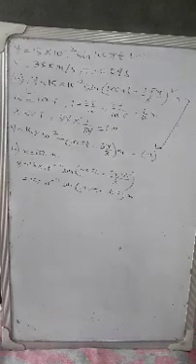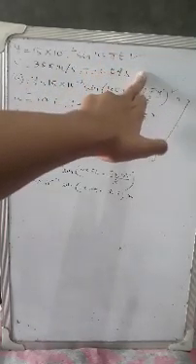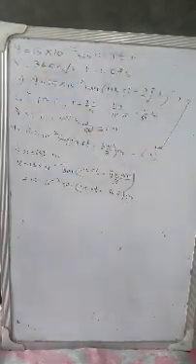Now what is the next question given in part C? Write the equation of the oscillation of the points of the wave at a moment t equals 0.04 seconds. See, the value of t I have written on top here.